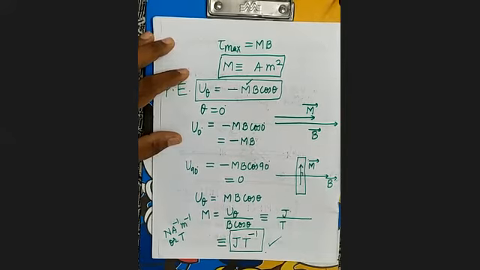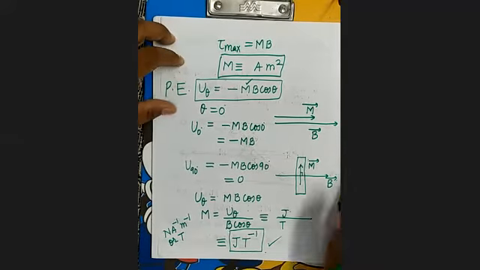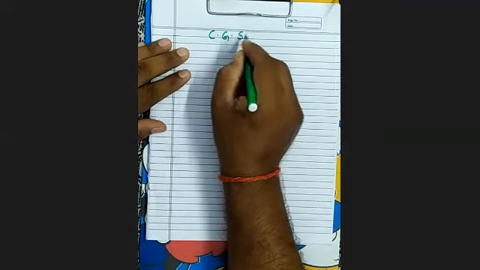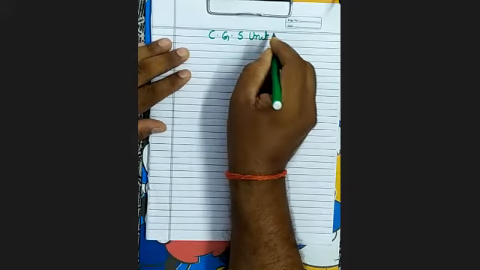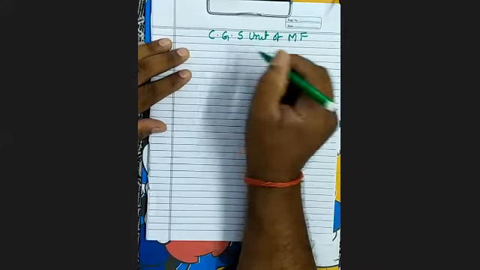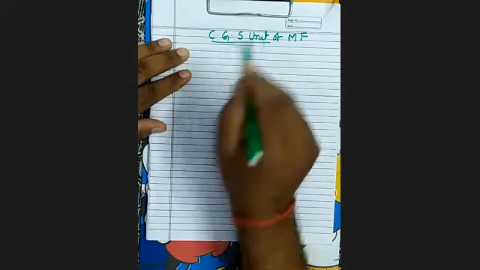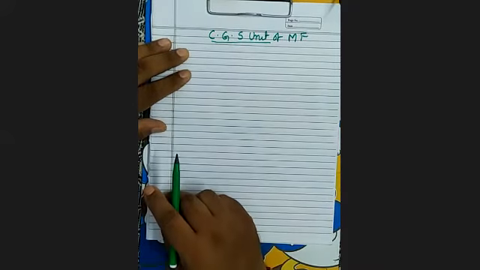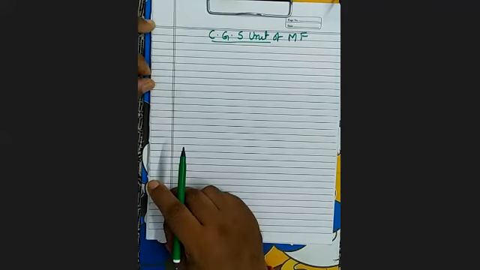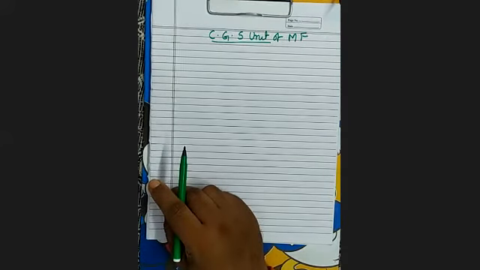It's clear. Now after this, one more thing which I have forgot to tell you. See here, CGS unit of magnetic field. And this unit is very popular because the Tesla, if I say the magnetic field of one Tesla, then it is a very strong magnetic field.